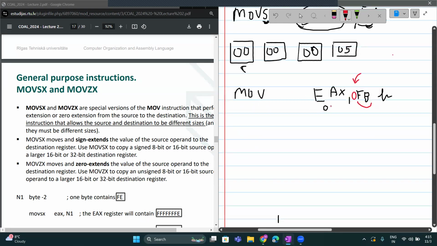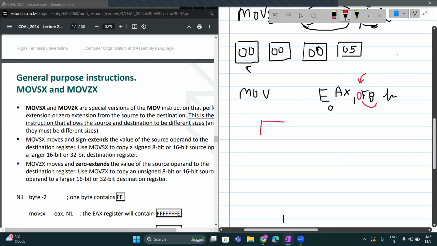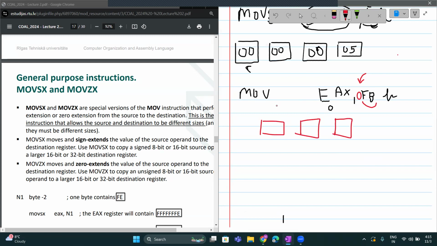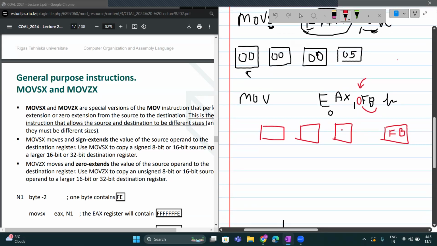So if we work with just move, what it will do is just do FB and zero, question mark, because we don't know what is there.